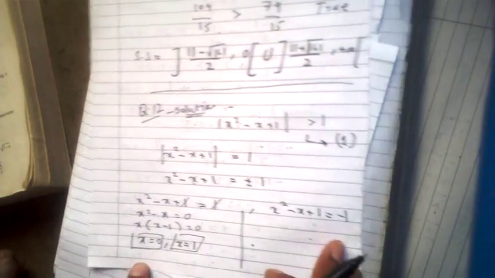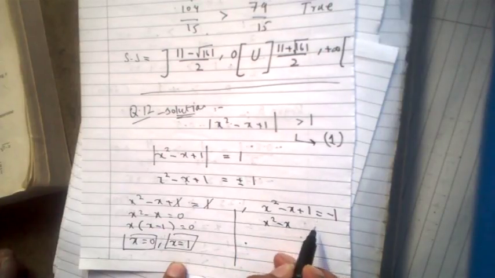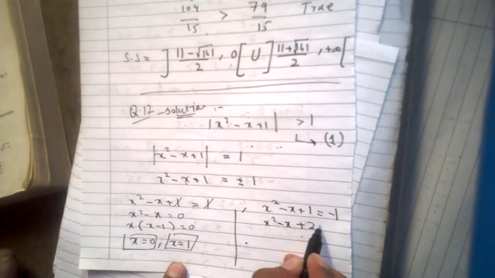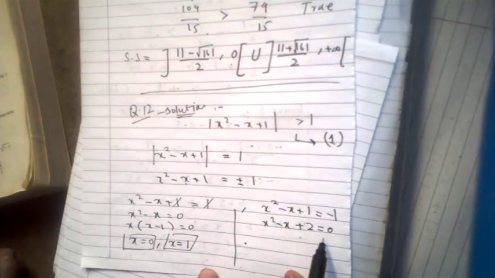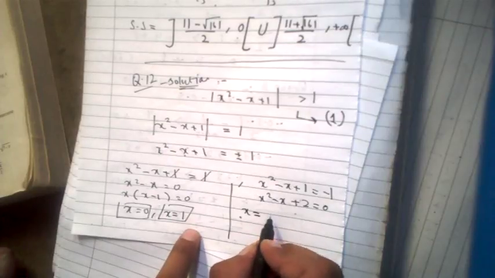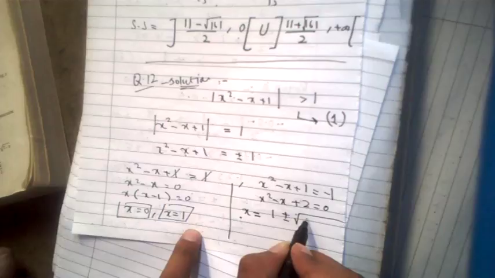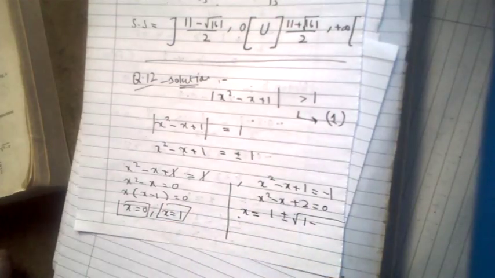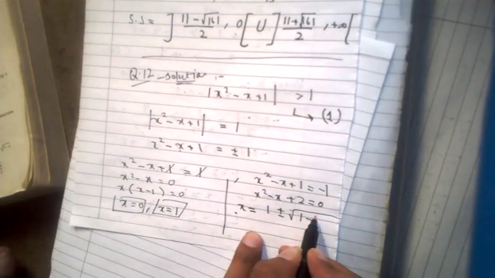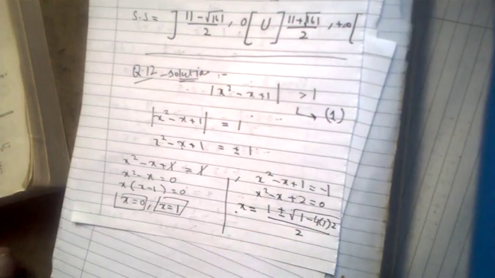Next we will solve this other equation: x square minus x plus 1, and this one comes here as plus 1, so we get x square minus x plus 2 is equal to 0. Next we will apply the quadratic formula, and by applying that formula we get x is equal to minus b, that is minus 1, plus minus square root b square, that is 1, minus 4ac, divided by 2.